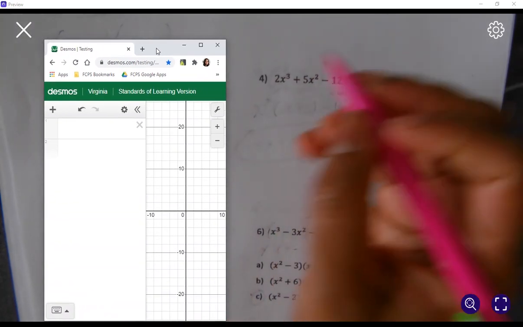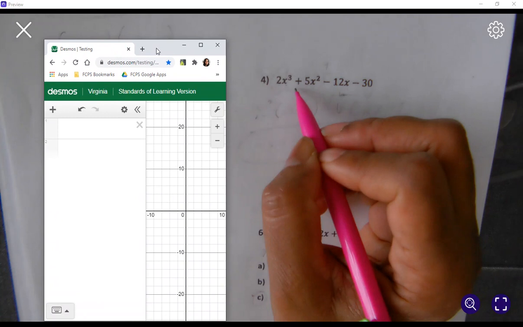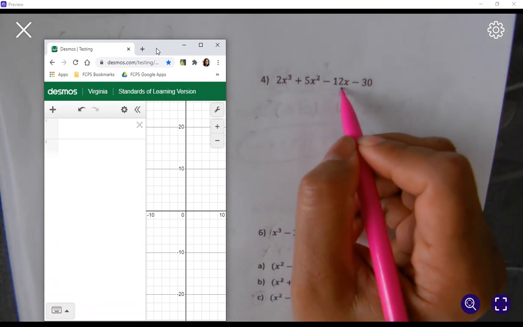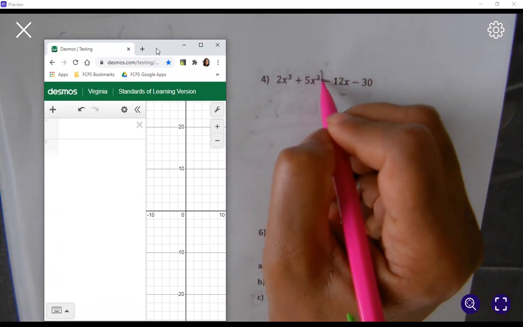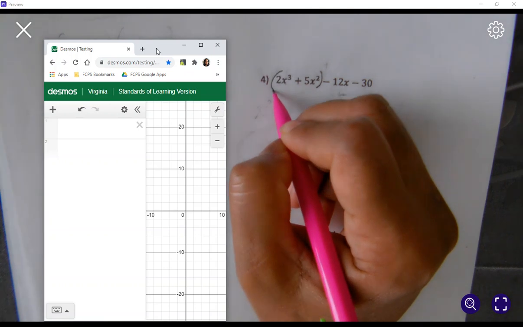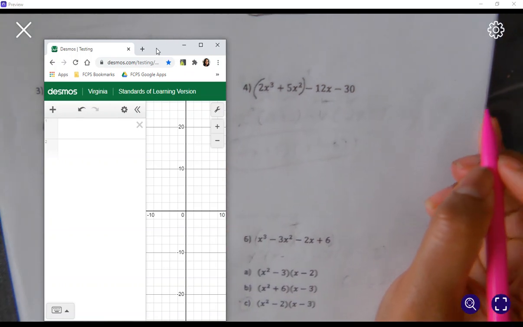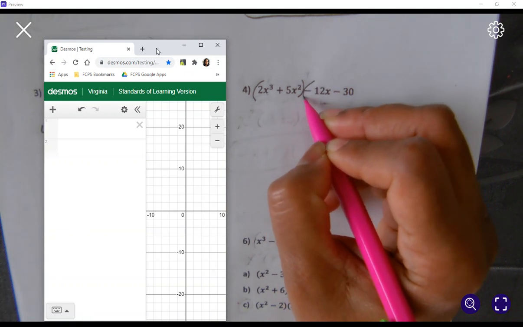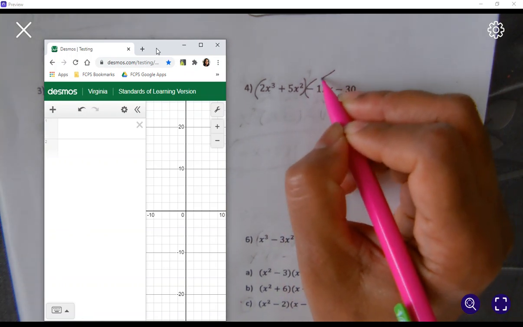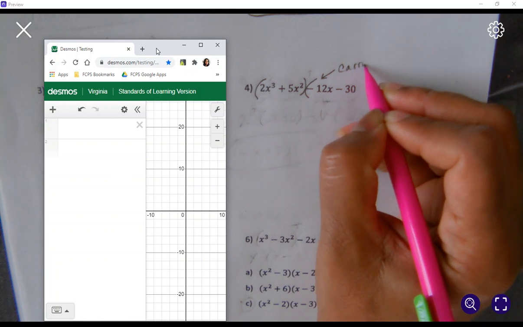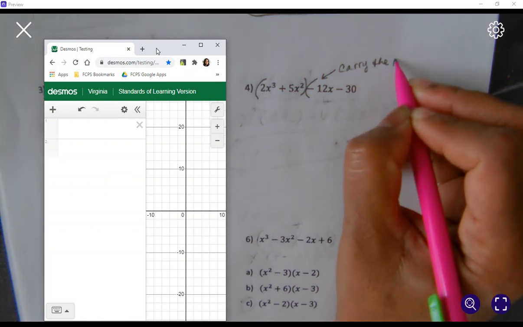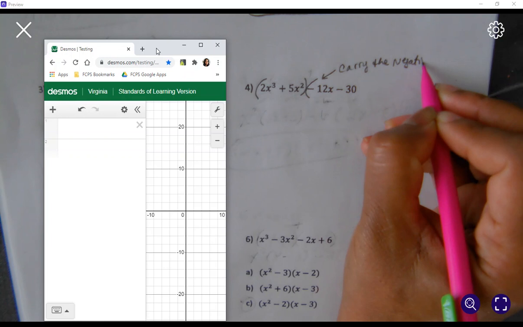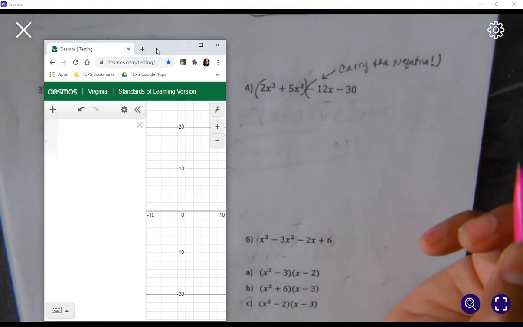Number 4. So you have here 2x cubed plus 5x squared minus 12x minus 30. So now I'm going to go ahead and make a group here. And I'm going to make a group here, but make sure to carry the sign, carry the negative.